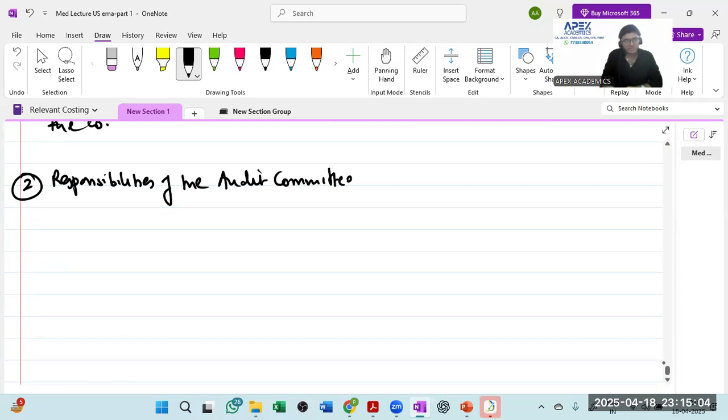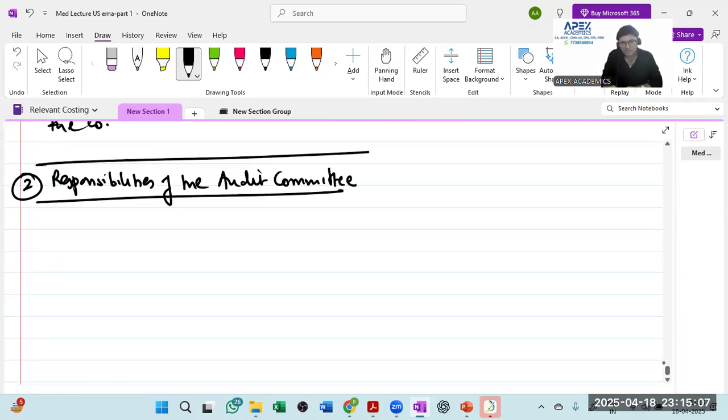There can be multiple questions asked in this unit on this particular subject matter, so let us be careful. Responsibilities of the audit committee.